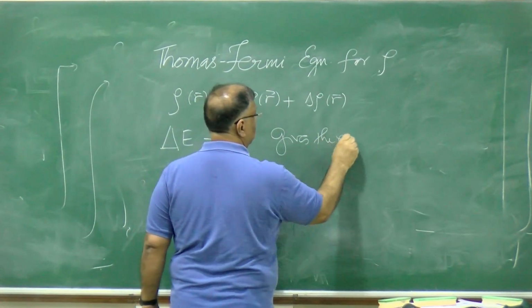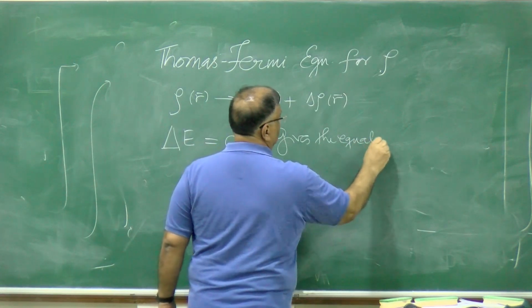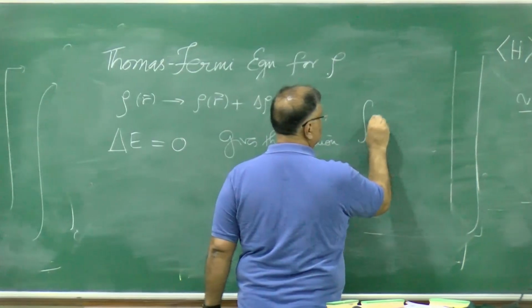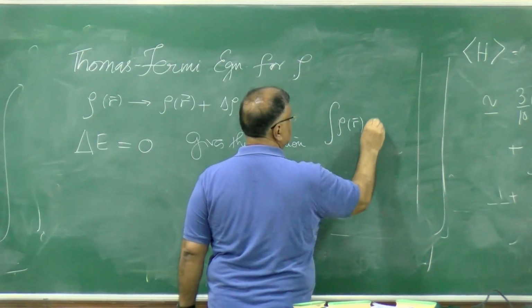That gives the equation. And of course, all this has to be done by keeping the total number of electrons the same.